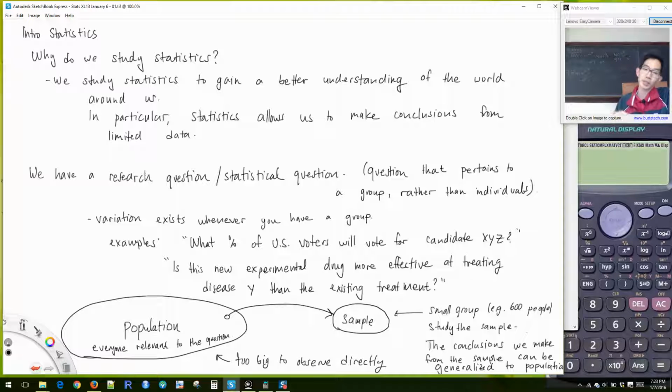So yes, in statistics we study only samples, but based on our understanding of probability and mathematics in general, the conclusions that we make from a sample can a lot of times be generalized to the population.